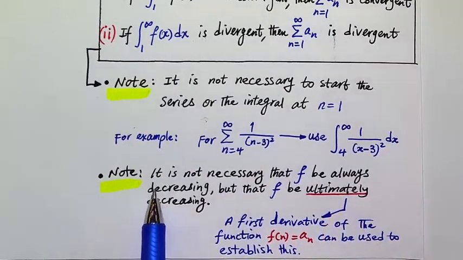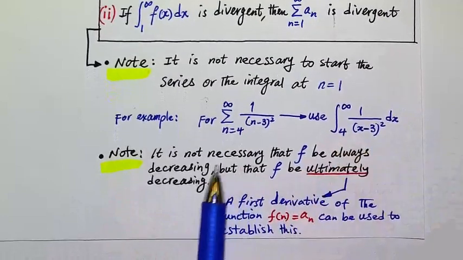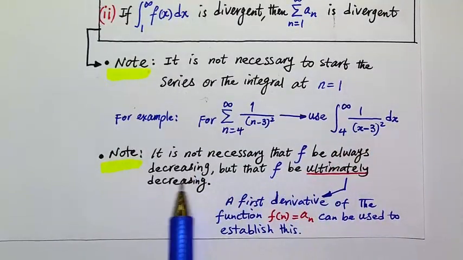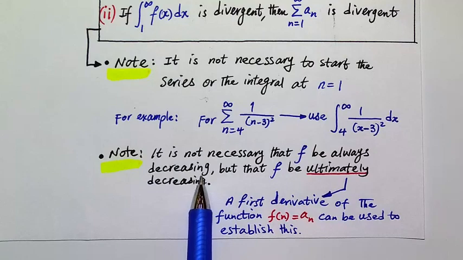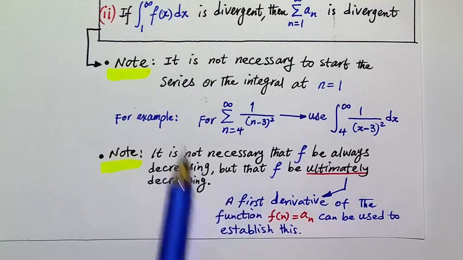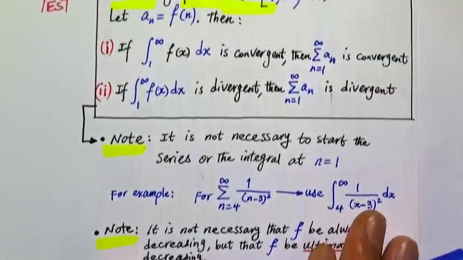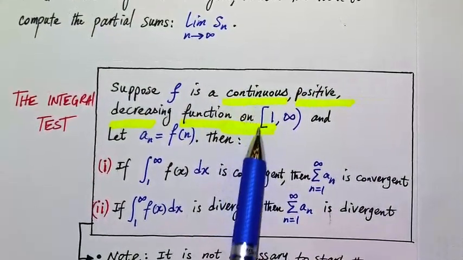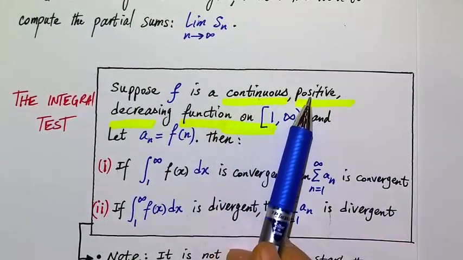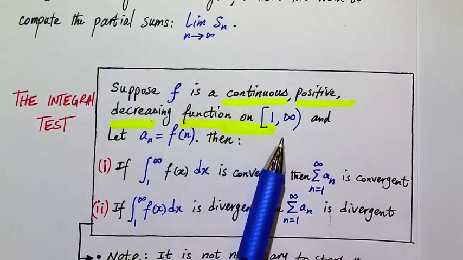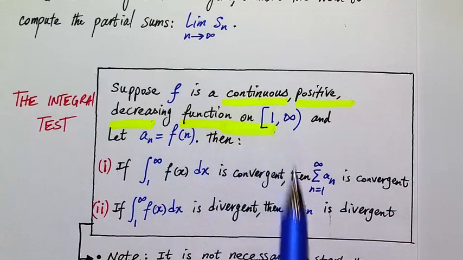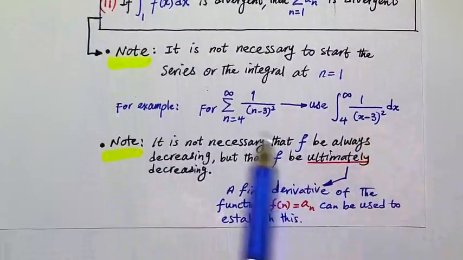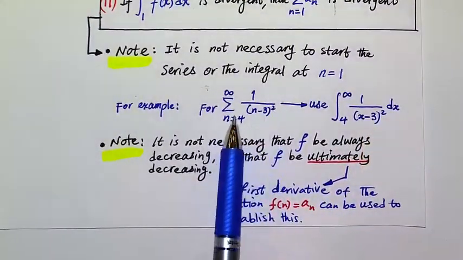And the other important note here is that it is not necessary that f be always decreasing over its entire domain. That's what I was saying a little bit earlier, that as long as the function is continuous, positive, and decreasing over this interval, which is the same interval where we're evaluating a series, that's all we care about.